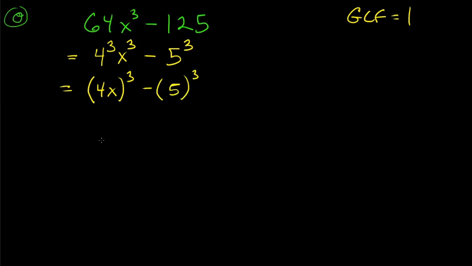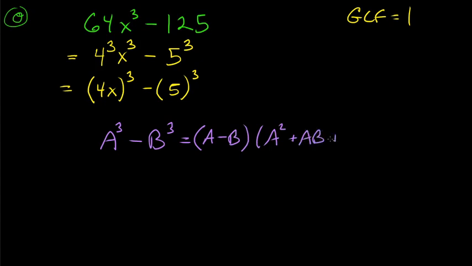This one's a little trickier because it's a cubed minus b cubed. By now you should know this: it factors as a minus b times a squared plus ab plus b squared. You got to know that.